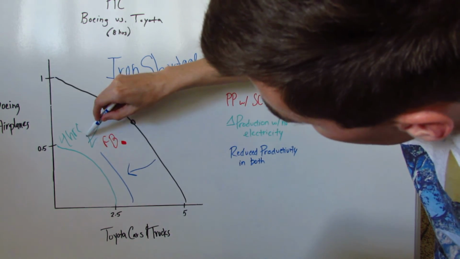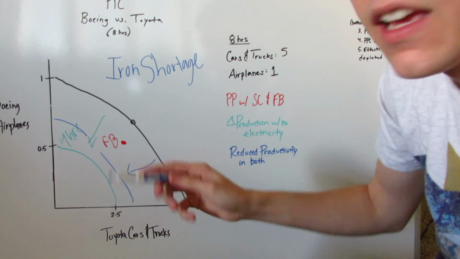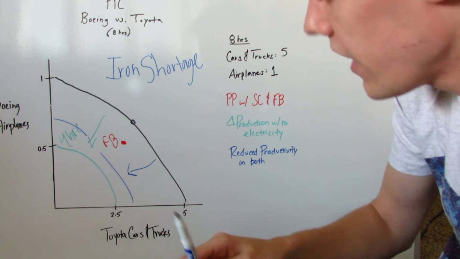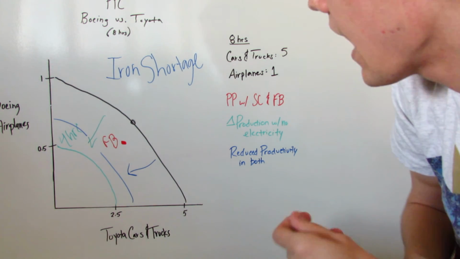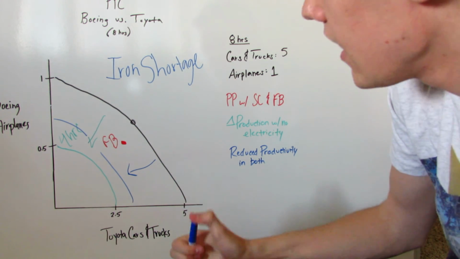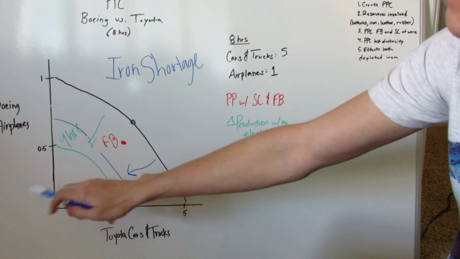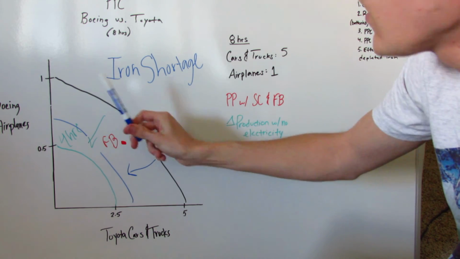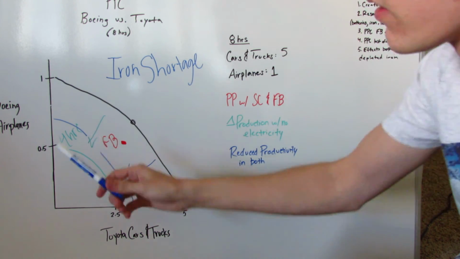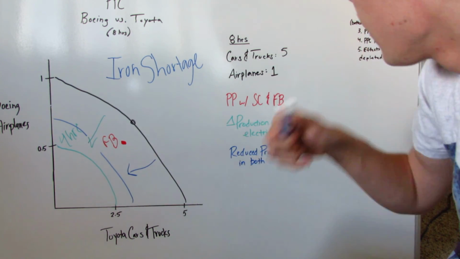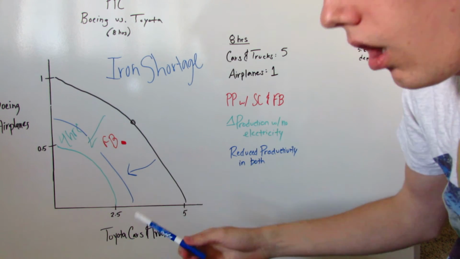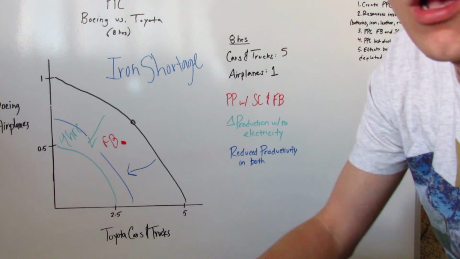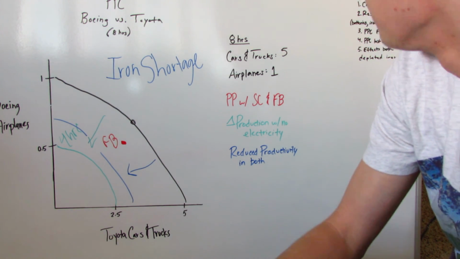So this time we'll do it like that. It's not quite as bad as losing electricity for half of the workday, but in the long run, we'd rather lose electricity for 4 hours in one workday than have an iron shortage for the next 10, 20 years. So all in all, that's how production possibility curves work.